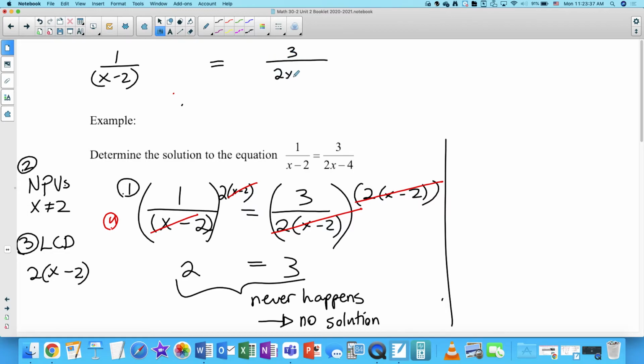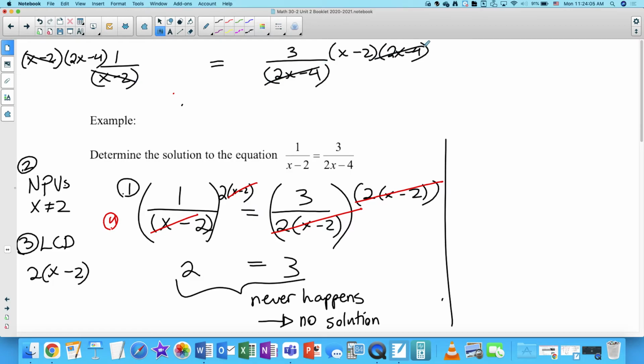I'm going to multiply both sides by both denominators. Again, not the least common denominator, but it's mathematically sound. This is what happens in cross multiplication. These cancel, and these cancel, and what you're left with is this times that and that times that.